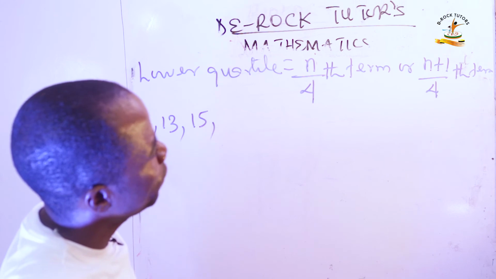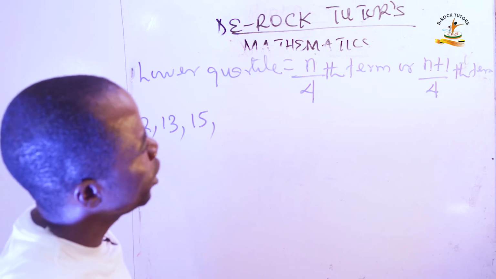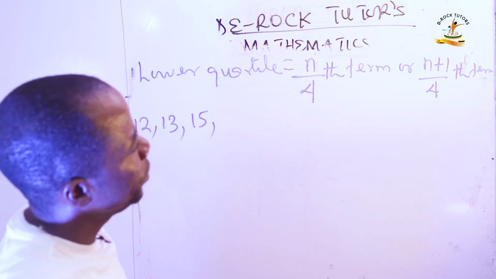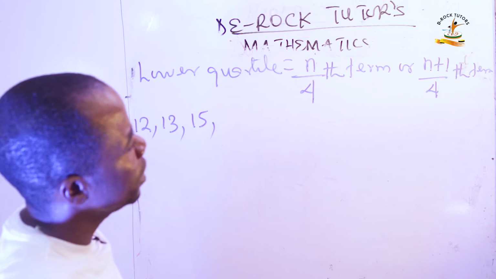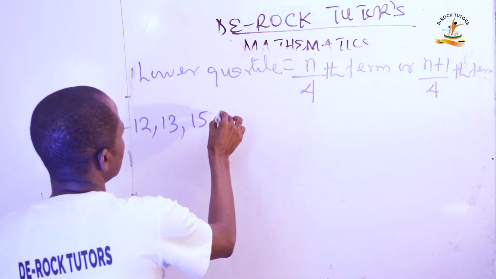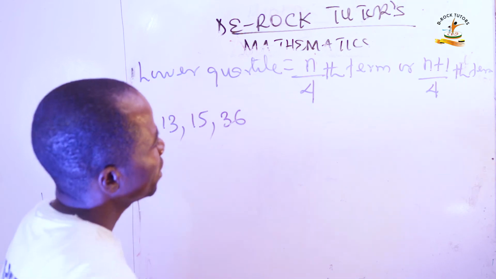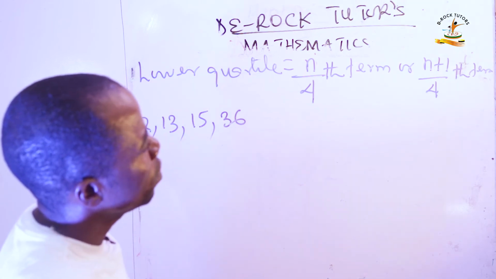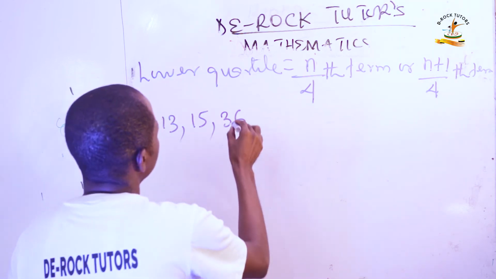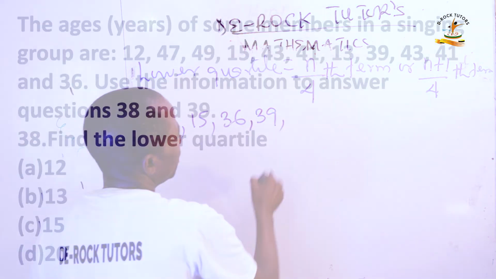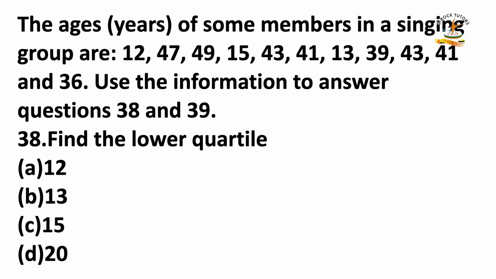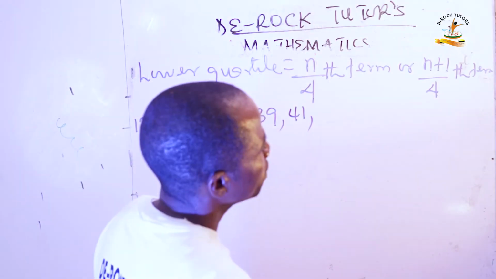Then after 15, the next number should be 36. That's right, 36. Then after 36, the next one, 39. Then after 39, 41. Then after 41, 43.